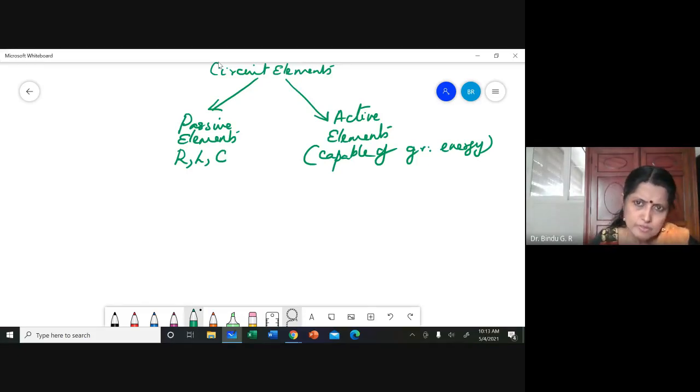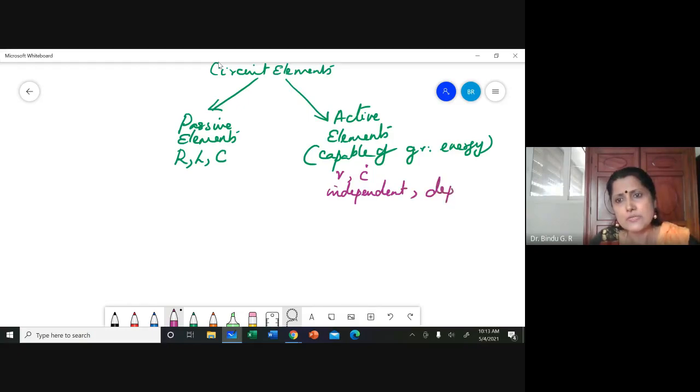Okay. So this capable of generating energy, by which I mean it can be a voltage source or a current source. And there can be one more classification. It can be an independent source or a dependent source.